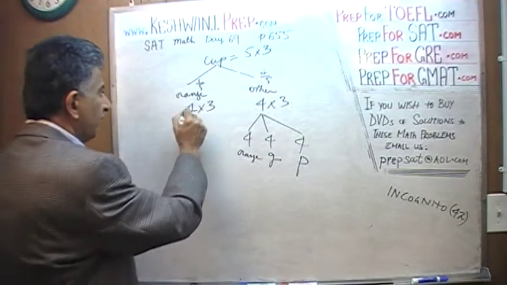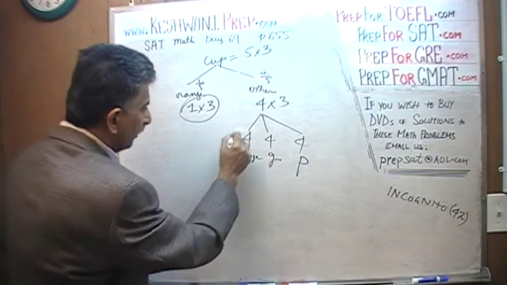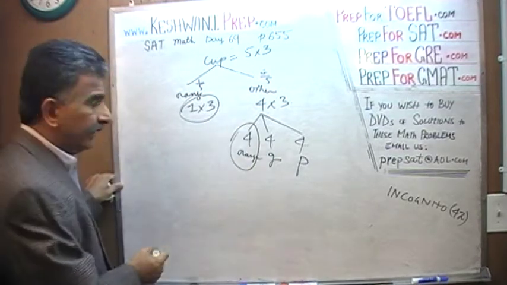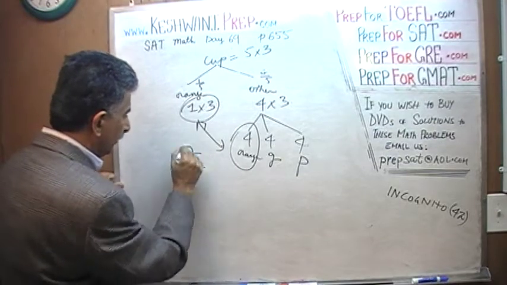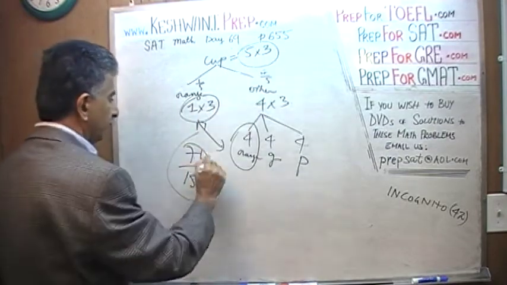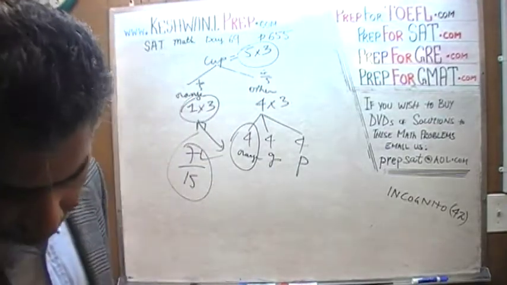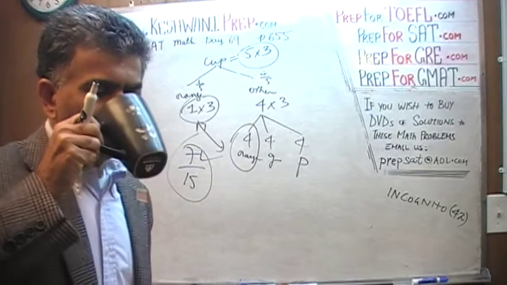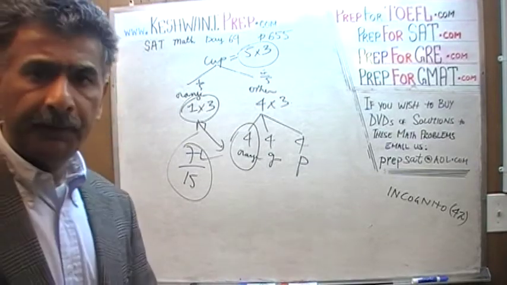We had 3 parts of orange to begin with. We poured 4 more. That's it, we are done. We have a total of 7 parts orange juice out of a total of 15. That's the answer, 7 over 15. That's one way to take care of it.